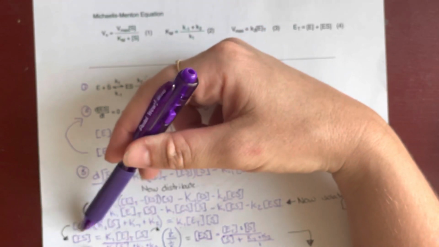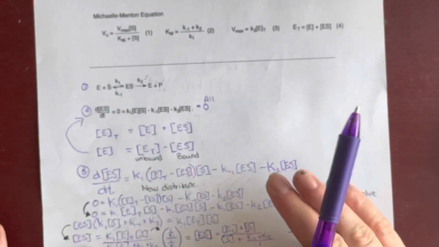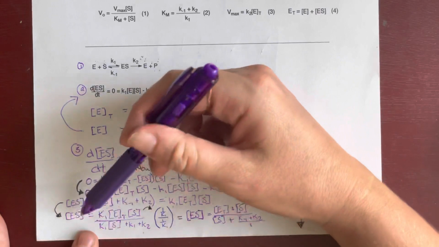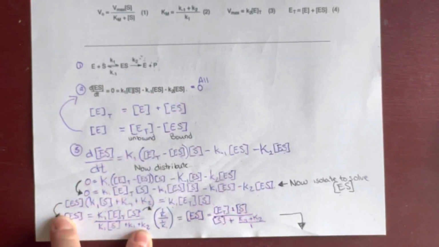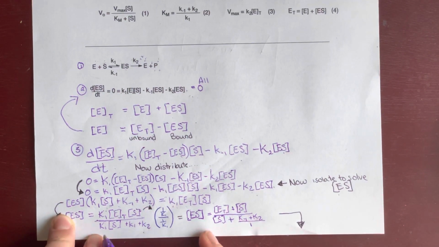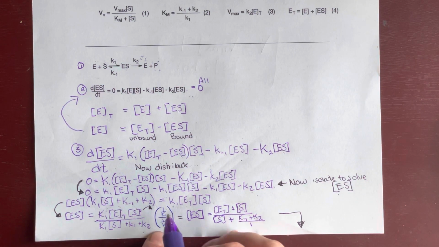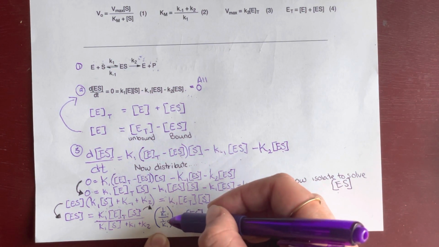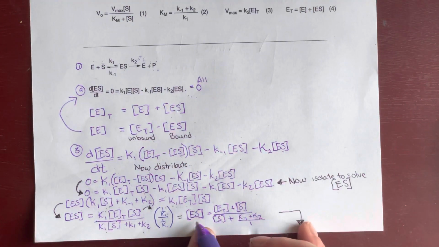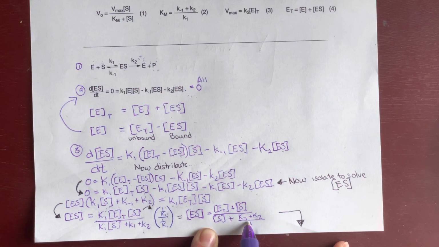That gives us ES equals K1 times ET times S, divided by K1 times S plus K negative 1 plus K2. To condense this down, we multiply by 1 over K1 divided by 1 over K1, and that gives us ES equals ET times substrate S divided by substrate S plus K negative 1 plus K2 over K1.